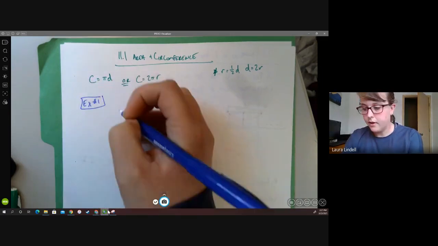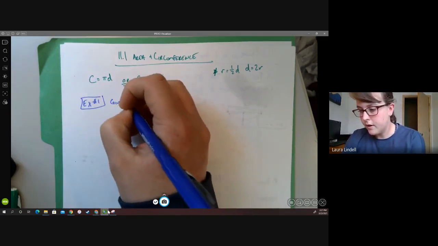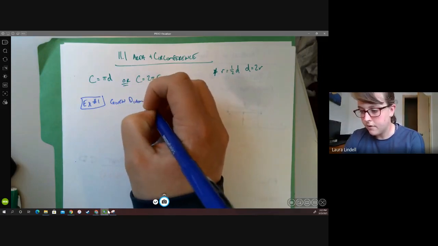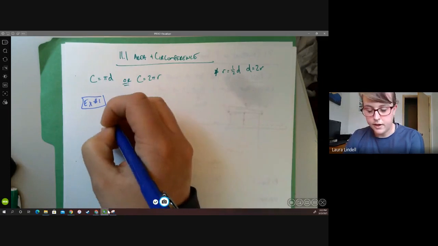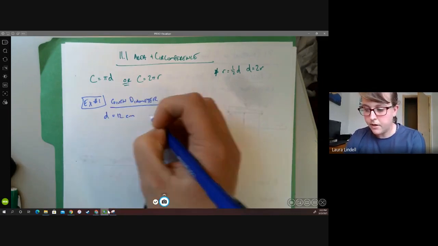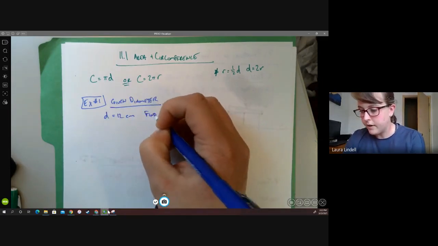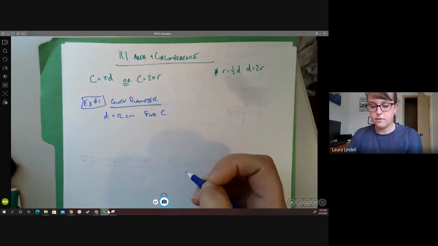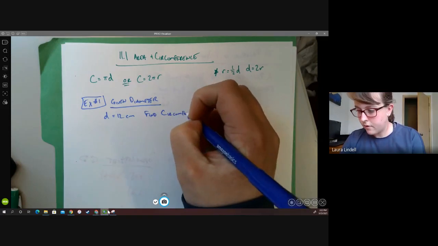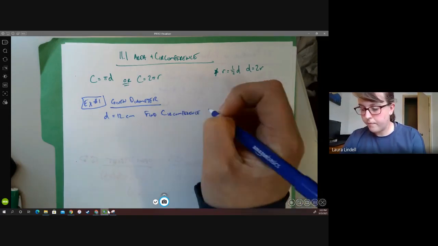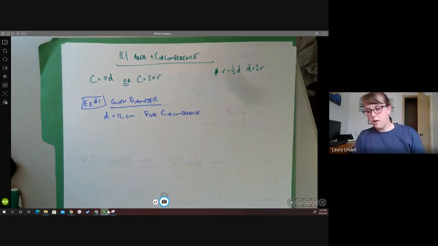First example, given diameter. We're going to say diameter is 12 centimeters, and we want to find circumference. Okay.